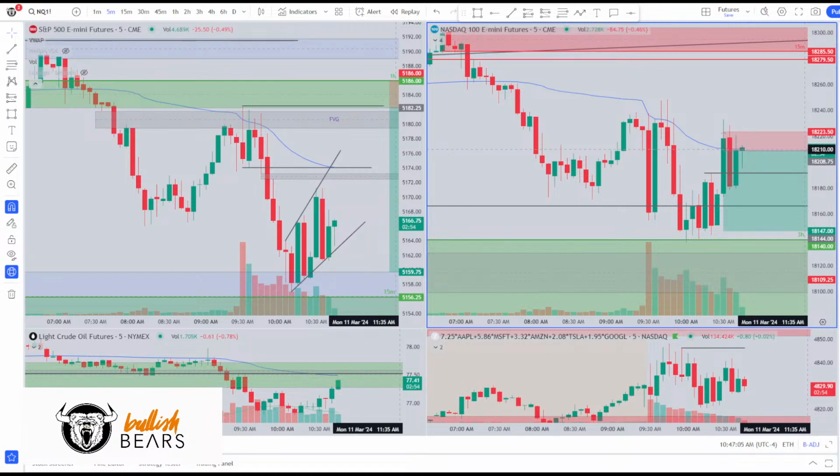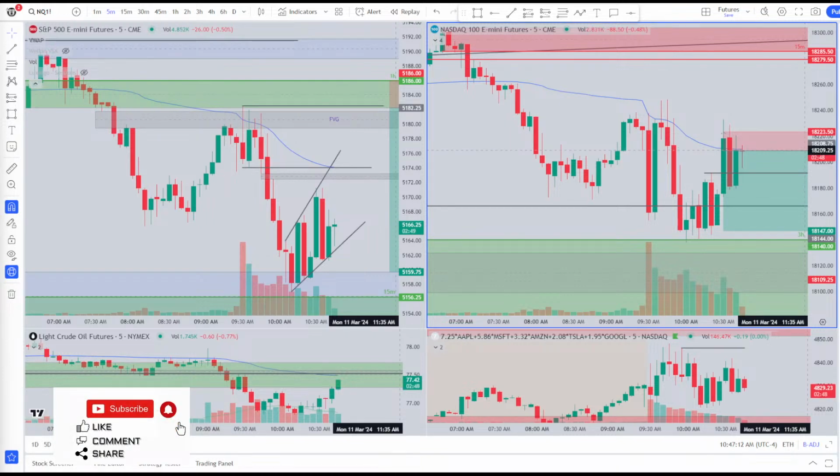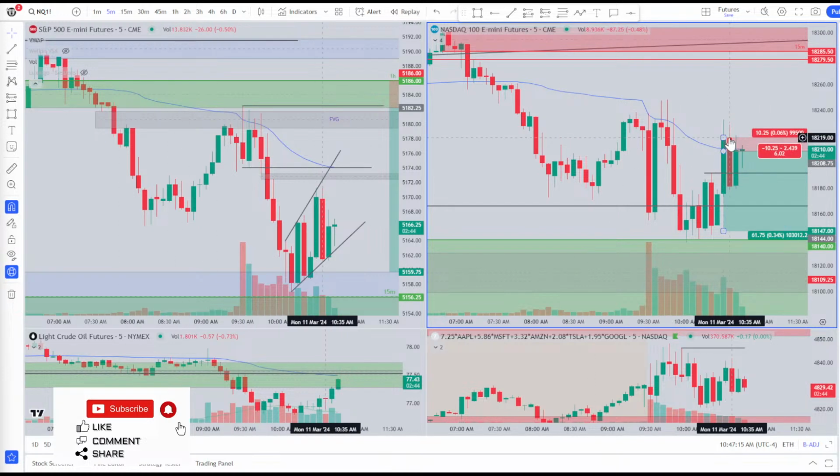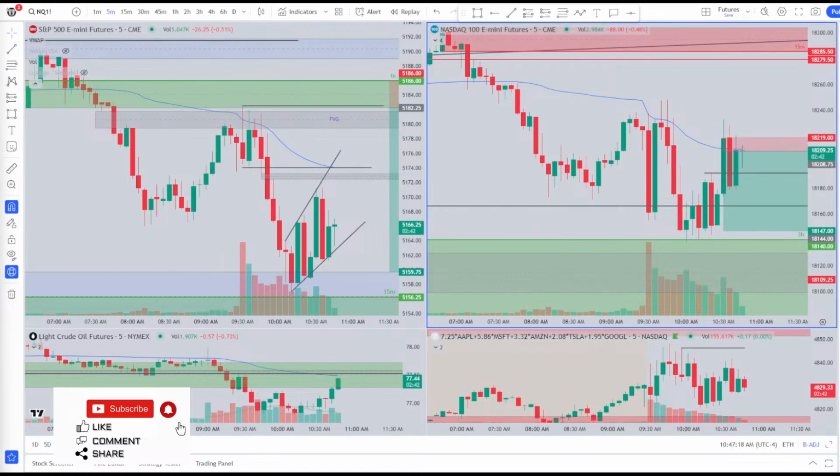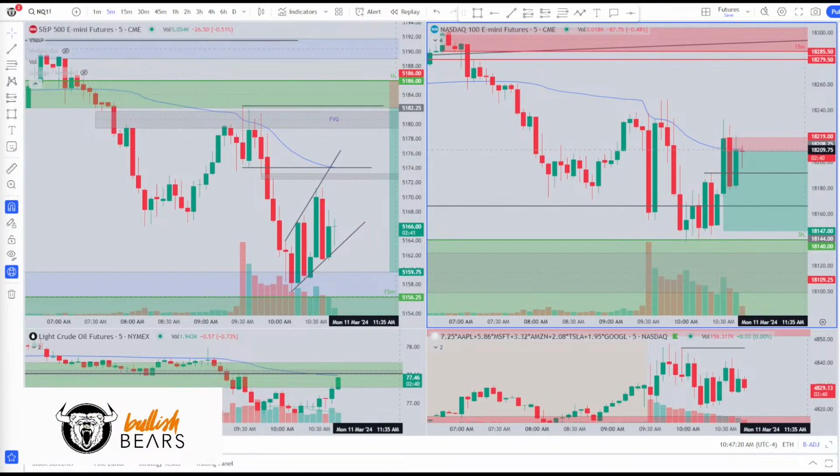I think we might pop. Moving my stop down to the open of this candle right there. This thing might explode, really.